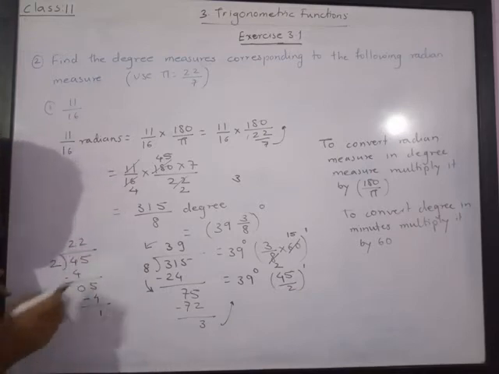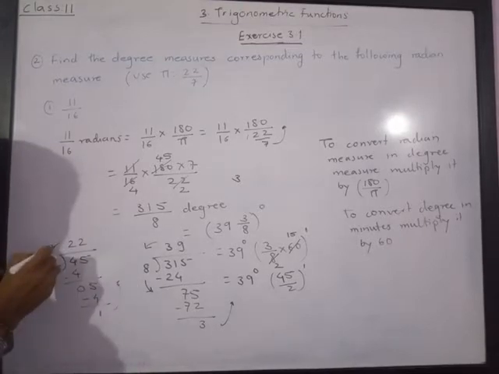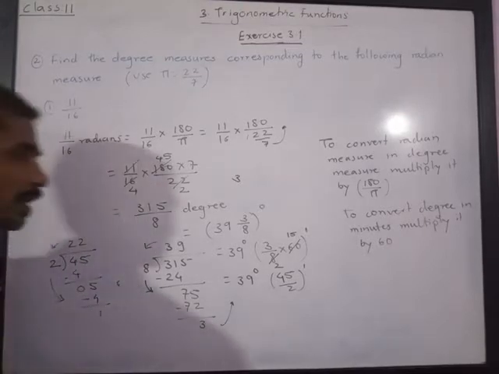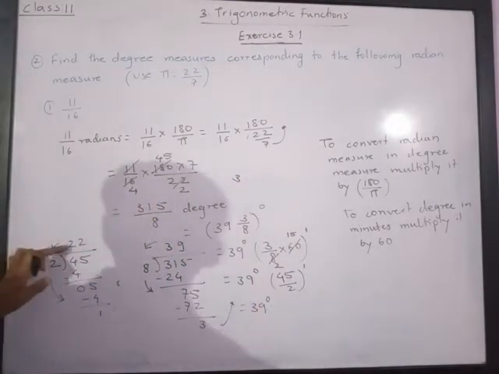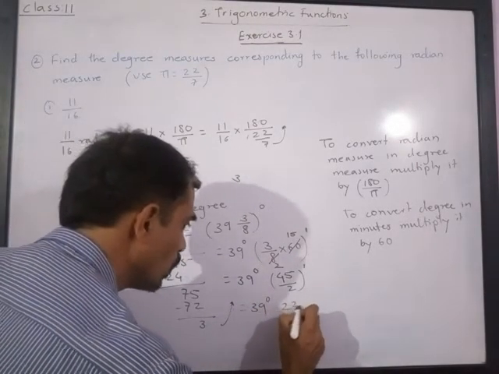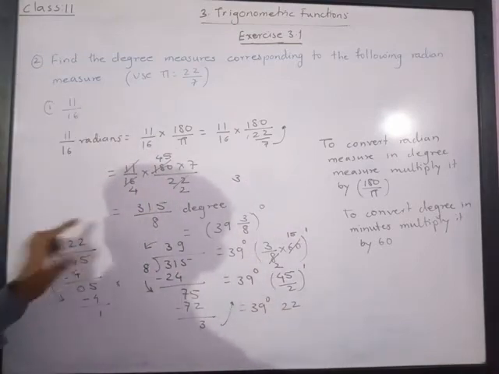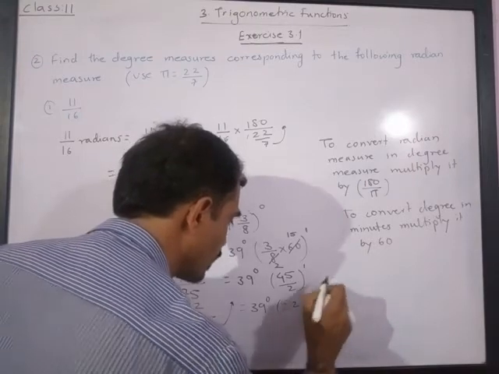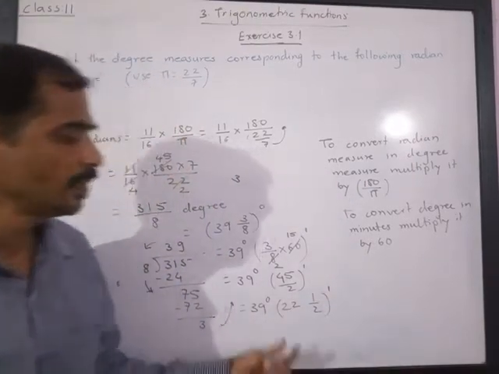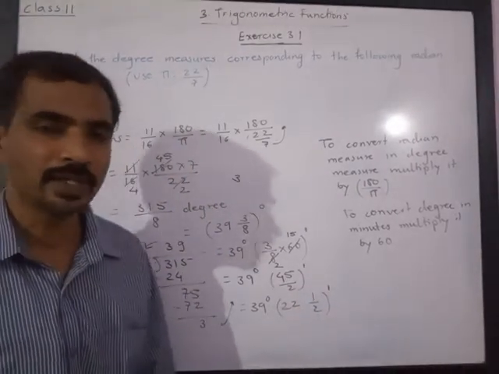So again, if you want to write in mixed fraction, this is equal to 39 degrees, 22 and 1/2 minutes. Again we have got a fraction form of the minutes.